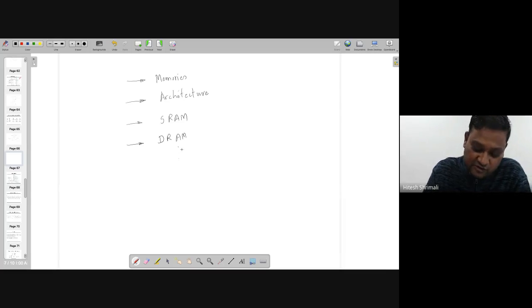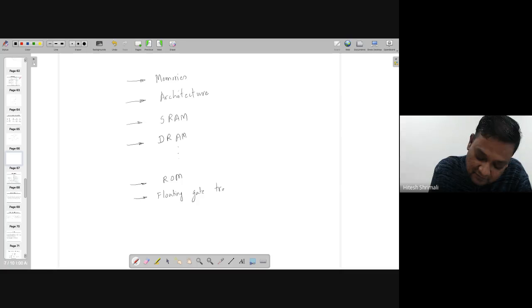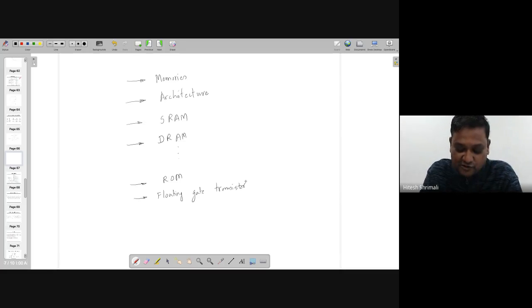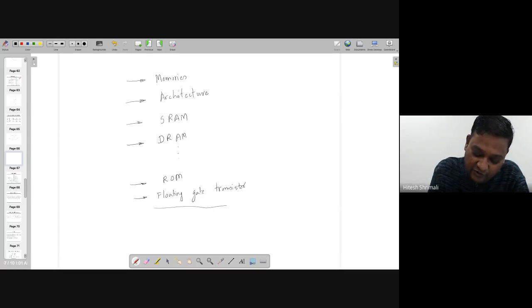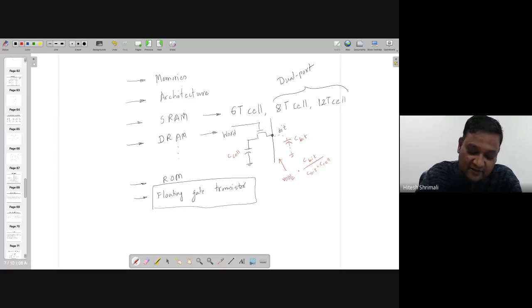We also studied some part of read-only memory, right? And we also just touched on the floating gate transistor as well. Not the complete operation, but its symbol and how it's useful in the design of non-volatile flash memory. Okay, so later on we are going to touch this again, but not today. I just gave its architecture.